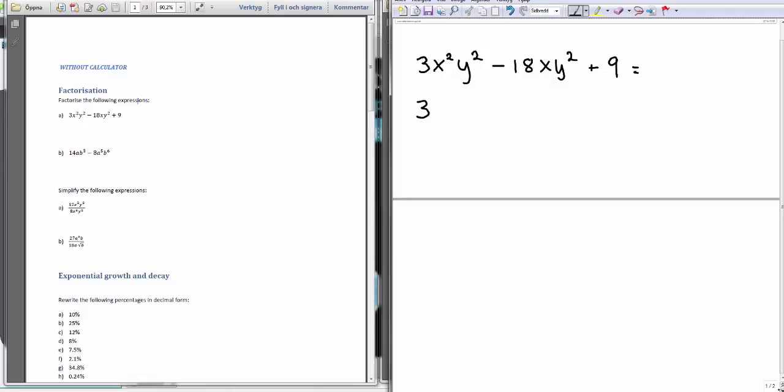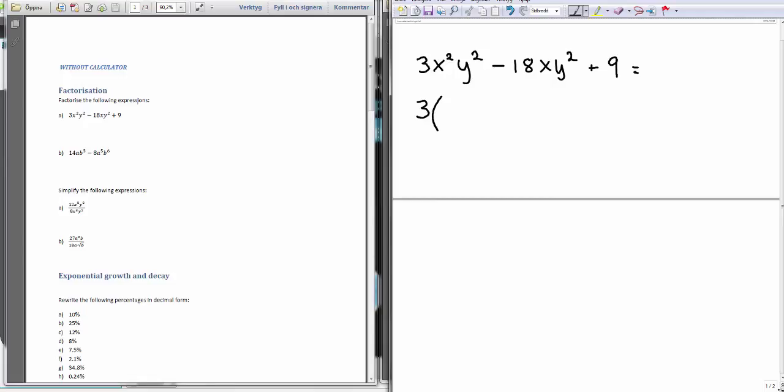The problem is that we don't have x's or even one x in all the 3 terms, so therefore we can't pull it out from each of these terms. And it's the same thing with y. We have y squared here in both, so that would work fine, but we don't have even a single y here. So this is the highest common factor.